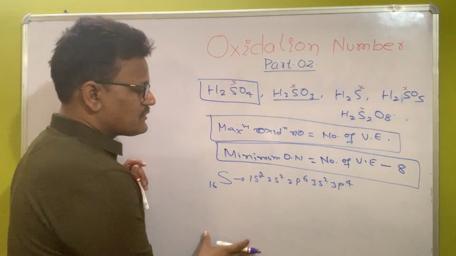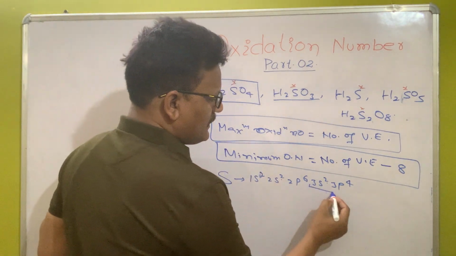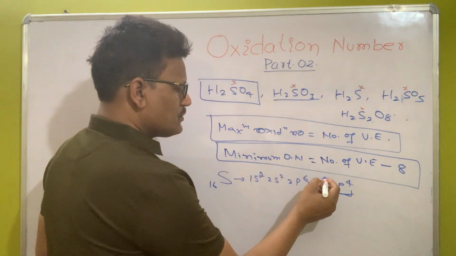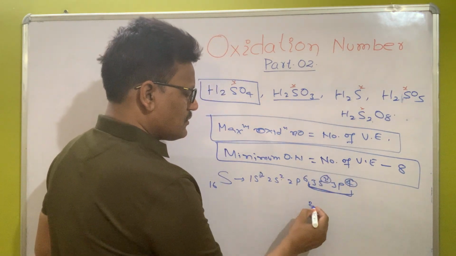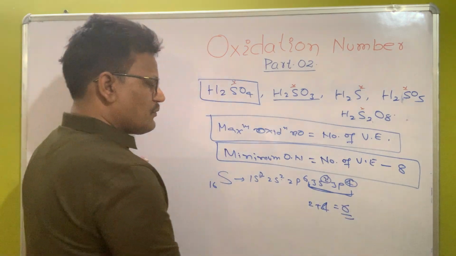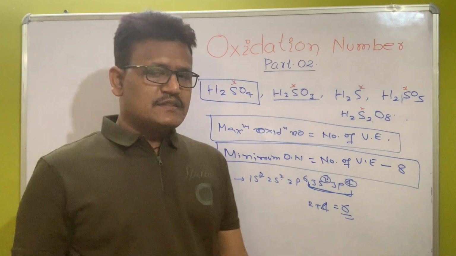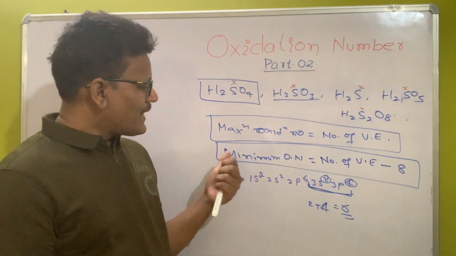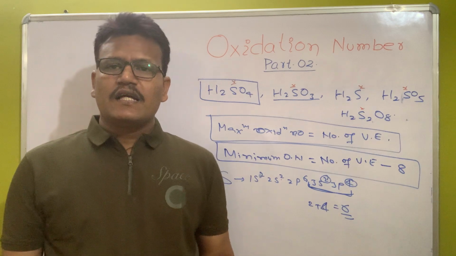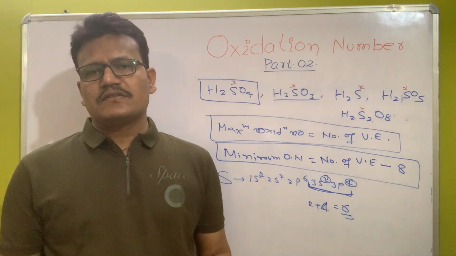The outermost shell is 3, and it has 6 electrons, 2 plus 4. So the valence electrons of sulfur are 6. So the maximum oxidation number of sulfur will be +6 and the minimum will be -2.